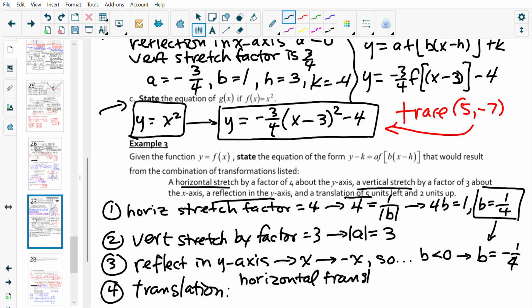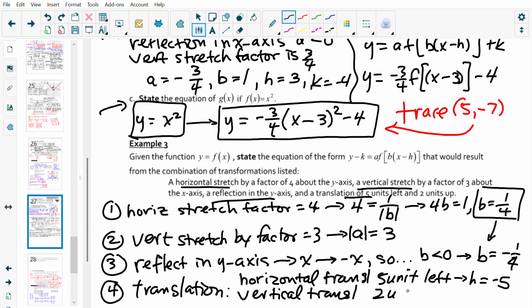And it says 5 units left. Well, that's my h value, and it's going left. H equals -5. Vertical translation. 2 units up. Well, that's my k value, and that's +2.